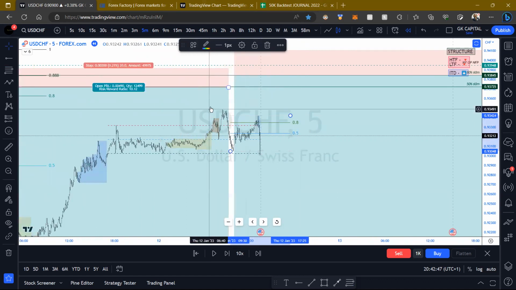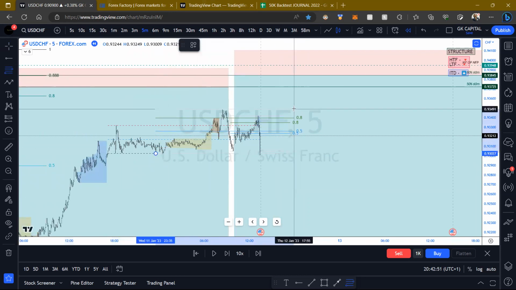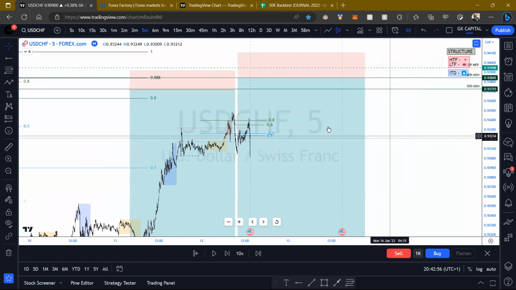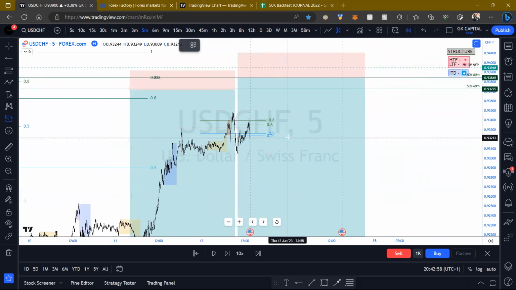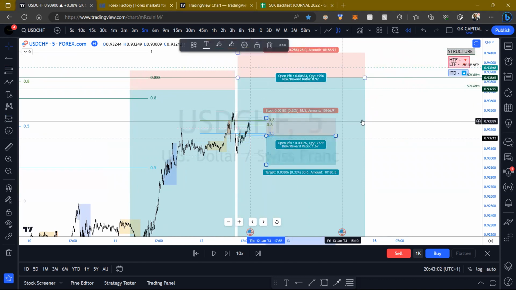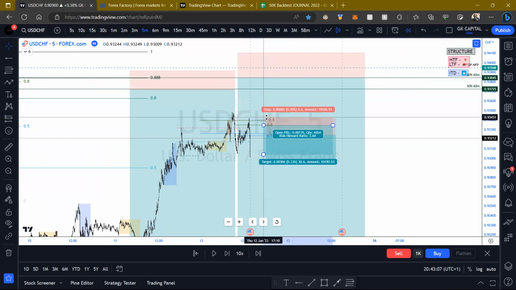And then I want to see if we've got any confluence with the whole thing. That's where the 80 lines up on the whole thing, so I could take that as well. And then the 50 is pretty much the same. So I'll do that to this, and then I'll do that 80 to this.